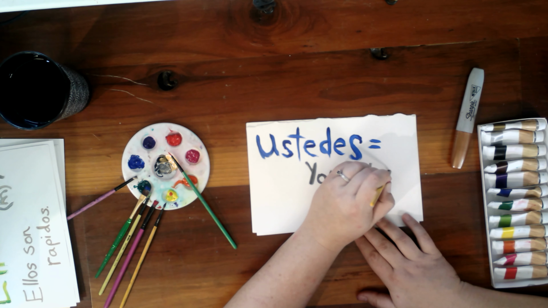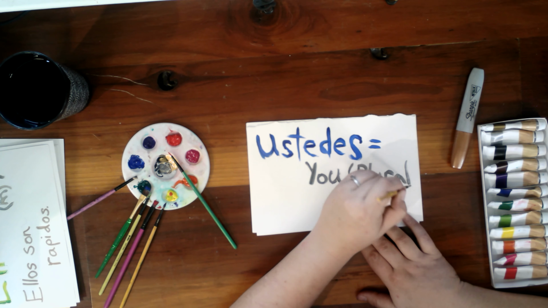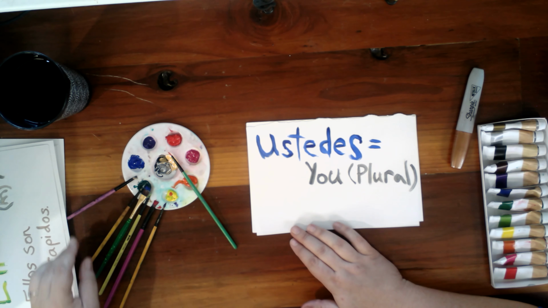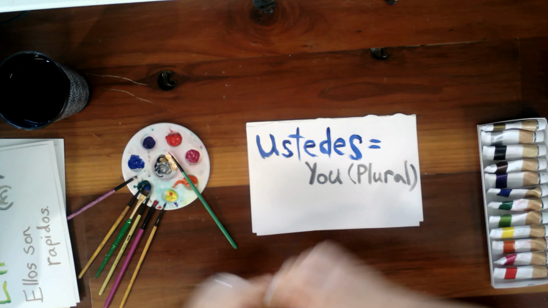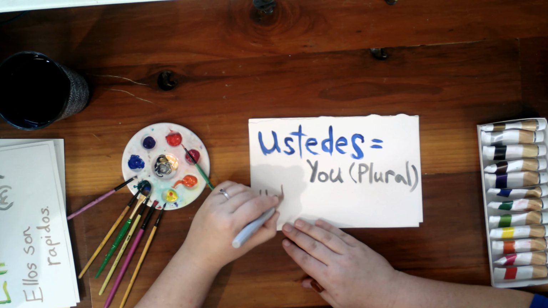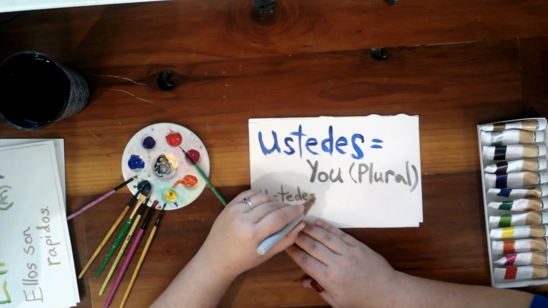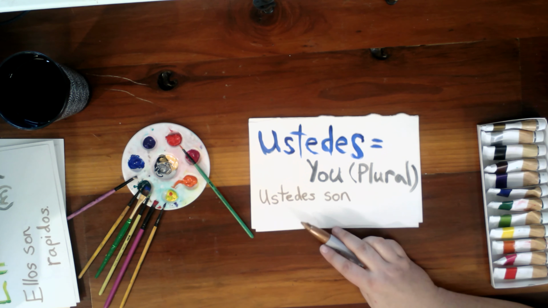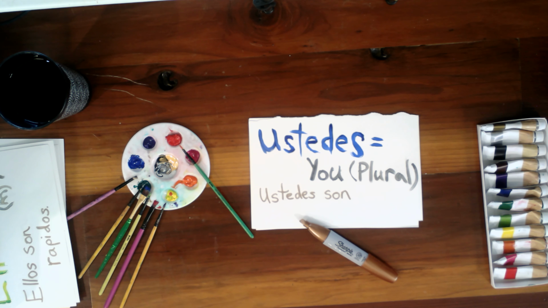And now, in the majority of Spanish-speaking countries, ustedes is you all for everyone, whether it's people who are older than us or younger than us. So, ustedes. Ustedes son. So, you all are.